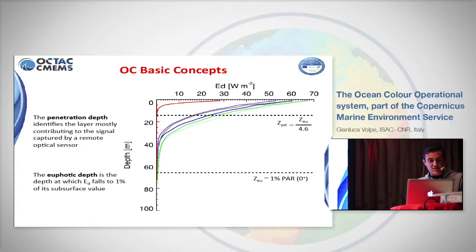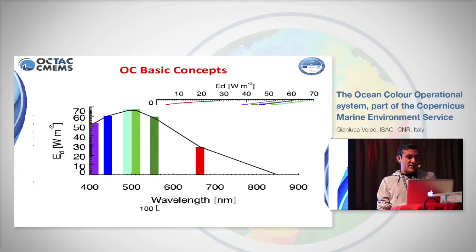The euphotic depth, which is defined as the depth at which ED falls to its 1% subsurface value, and the penetration depth, which is roughly 1/5 of the euphotic depth, and identifies the layer contributing most to the signal captured by a remote sensor. So in this case, we have a euphotic depth of roughly 65 meters and a layer contributing to the remote sensing of ocean color of about 15 meters.